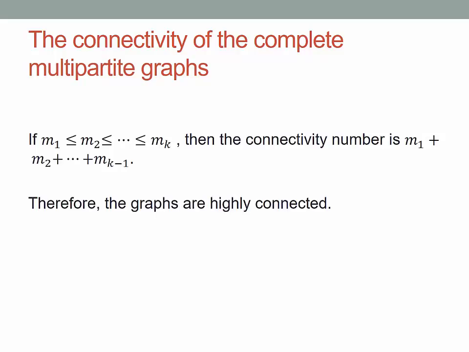Then the connectivity number would have to be M1 plus M2 all up to Mk minus 1, leaving just the nodes in the last partite set. So we would have to remove a lot of nodes to disconnect the graph, a lot relative to how many there exist, and therefore these graphs are highly connected.